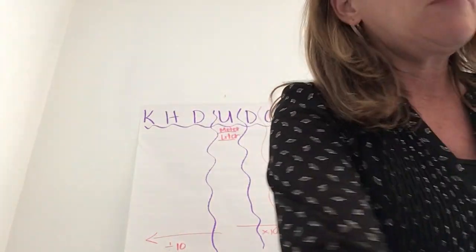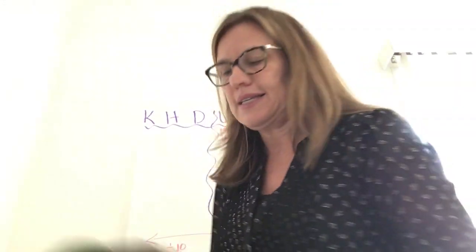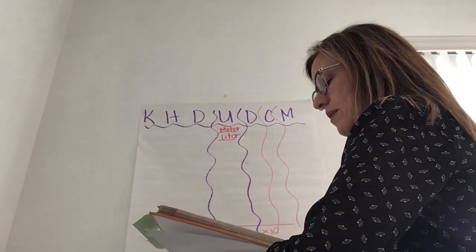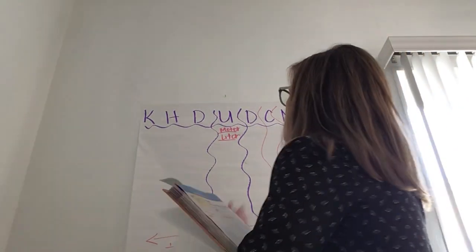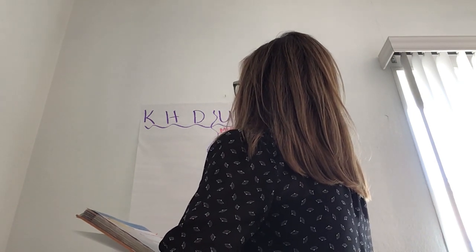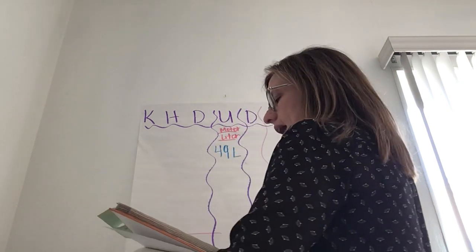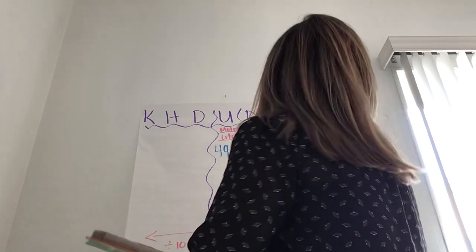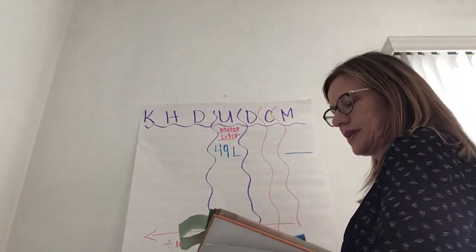Okay, so on page 269, they want to know 49 liters, so that's my unit. I'm going to start on 49 liters, and they want to know what that is in milliliters, okay?